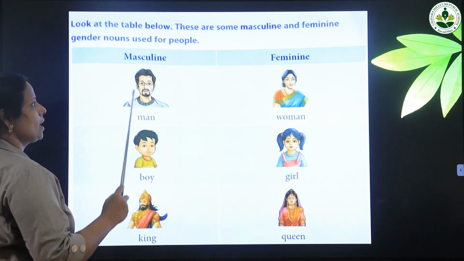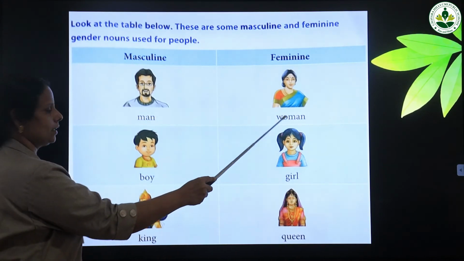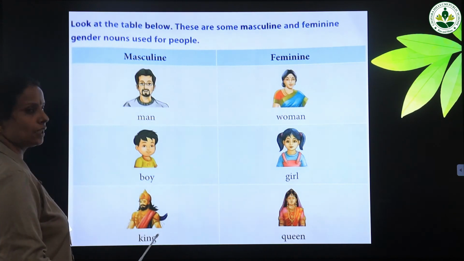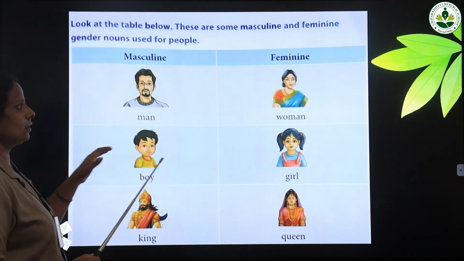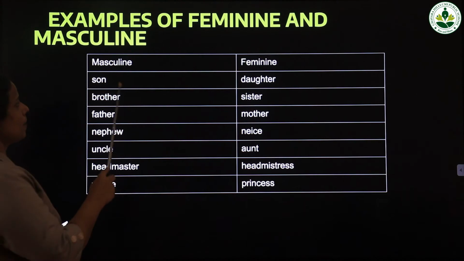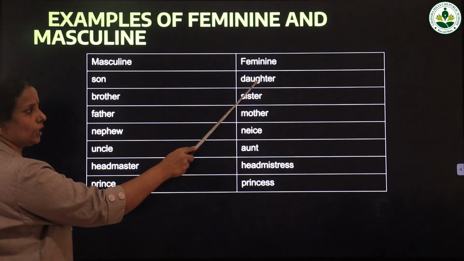And here are some examples of masculine gender and feminine gender. The masculine gender is man and the feminine is woman. Then boy, girl, king, queen, uncle, aunt. Masculine gender is son and feminine is daughter.